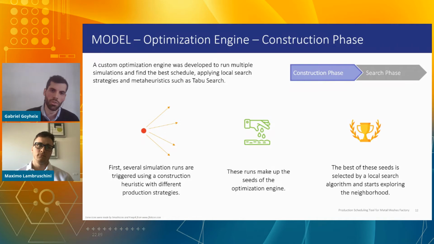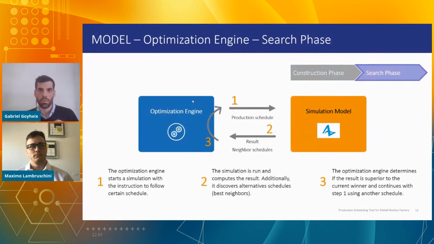After all these initial simulations are finished, the production schedule that yielded the best result is then selected and used as a starting point for a local search algorithm that looks for a better solution. At this point, the search phase of the optimization starts. A multi-threaded approach was chosen to run the simulations, while a main thread controls the execution, triggers new simulation runs, and guides the exploration.